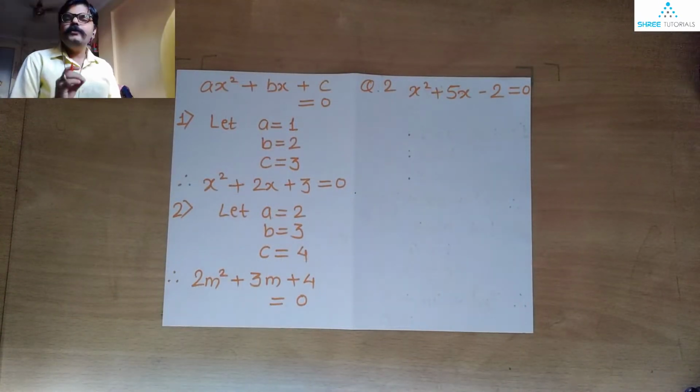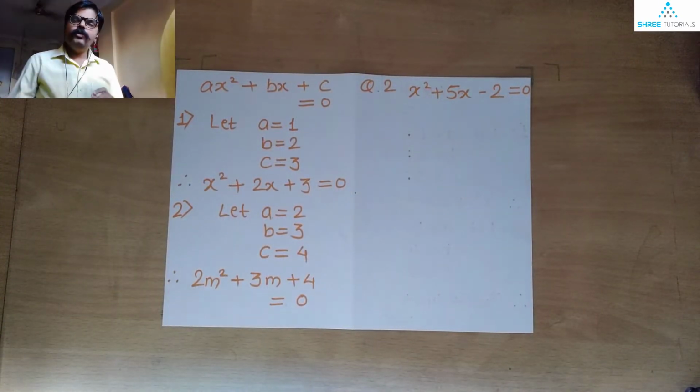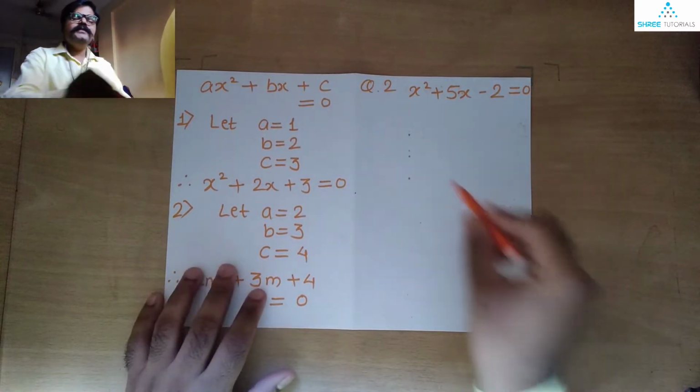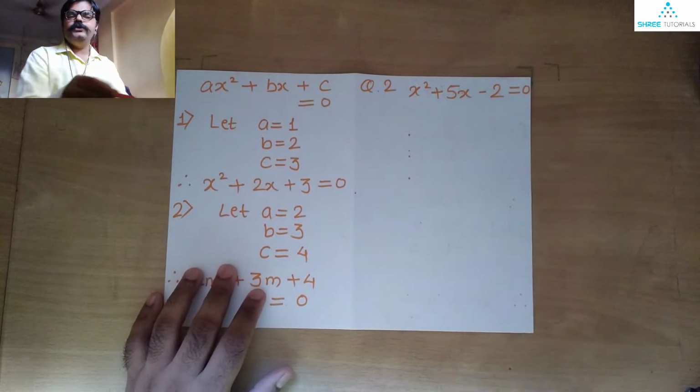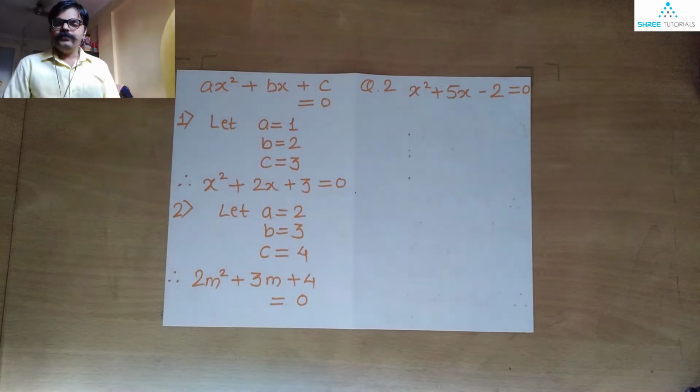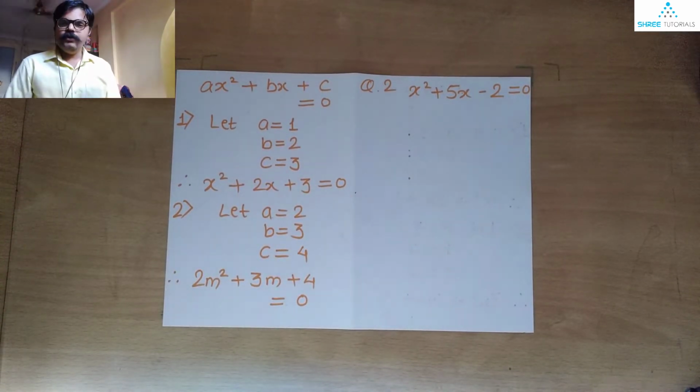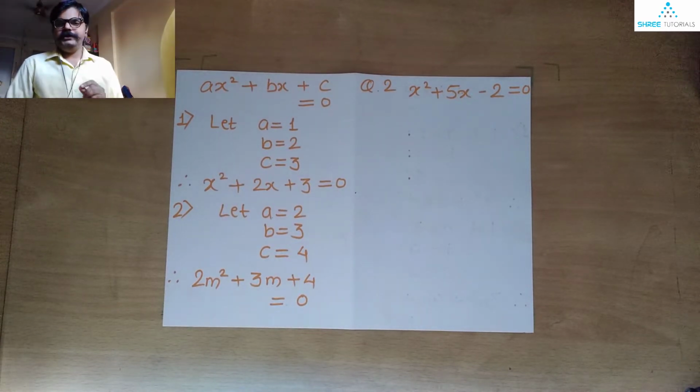Okay, the problem which we are going to solve: they have given us an equation x square plus 5x minus 2 is equal to 0, and we are supposed to check whether that equation is a quadratic equation.